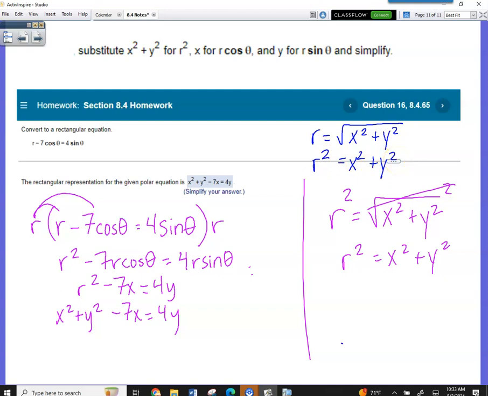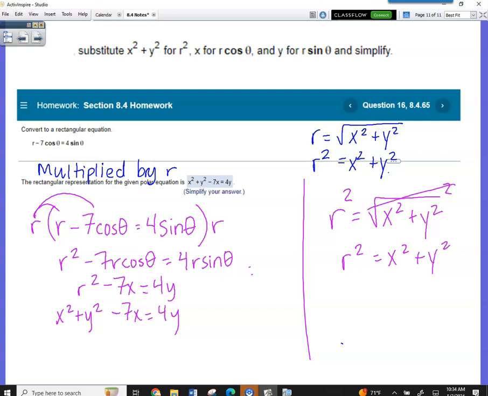So instead of having an r, because I really don't want to add a square root to this mess, what I did was I multiplied by r. Remember, in equations, you can do whatever you want to one side as long as you do it to both. I chose to multiply the whole thing by another r, because that would give me an r squared here, and r squared is this, which is way prettier than this. And then that would give me a 7r cosine theta.